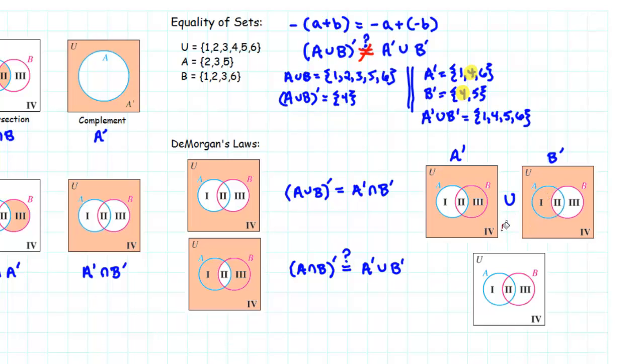Well, now we need to form the union. So for A prime, we shaded in regions 3 and 4. For B prime, we shaded in region 1 and region 4. So what did we get all together? We got regions 1, 3, and 4, which matches what we had over here, regions 1, 3, and 4. So yes, these two statements are equal.